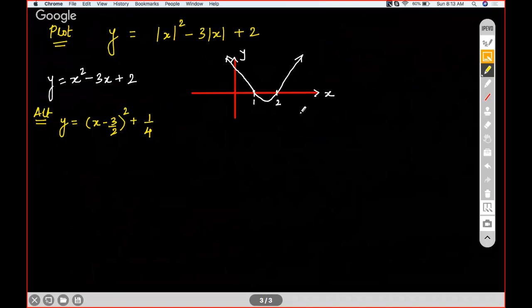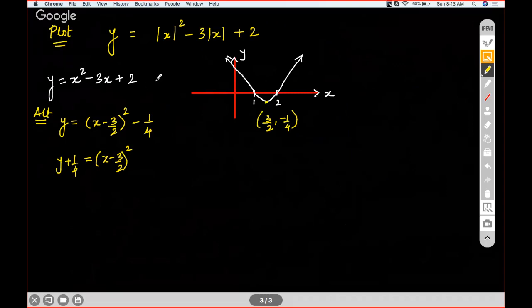This gives you 9 by 4, and I need 8 by 4, so minus 1 by 4 is needed. In this way, you can shift the graph of x squared 3 by 2 units to the right and 1/4 down. So this point is at 3 by 2, comma minus 1 by 4. That's another way to draw it.